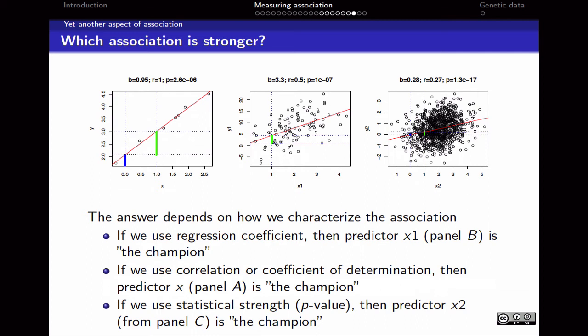But if you use correlation, which measures how neatly the x and y go together, then panel A, predictor X, is the champion. While when you use statistical strength, p-value, then the data presented on panel C are statistically stronger, just because there is a huge number of data points there.